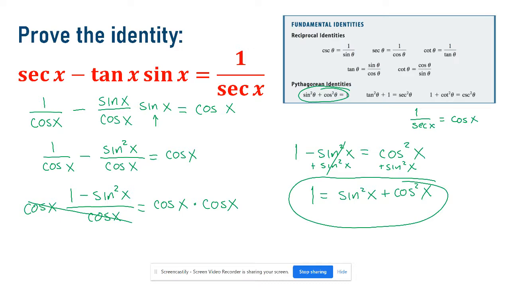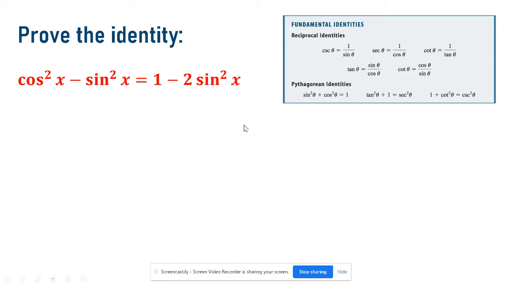All right, let's keep going. And what you'll find on these is there's not like one way to do any of these. It's a lot of trial and error and just kind of playing around with things until you can make them work. Here we have cosine squared minus sine squared of x equals 1 minus 2 sine squared of x.